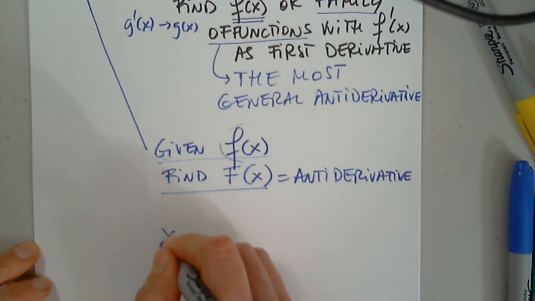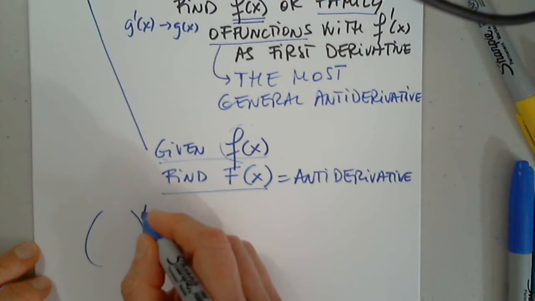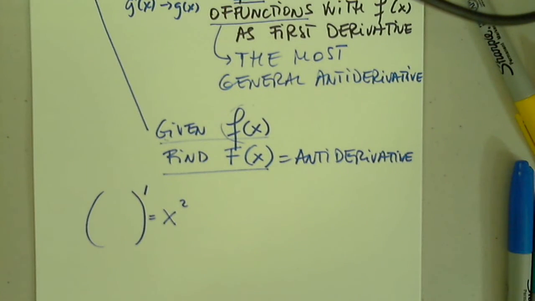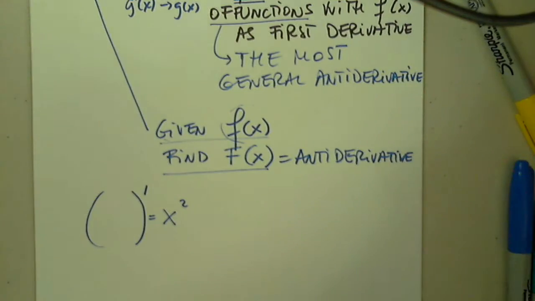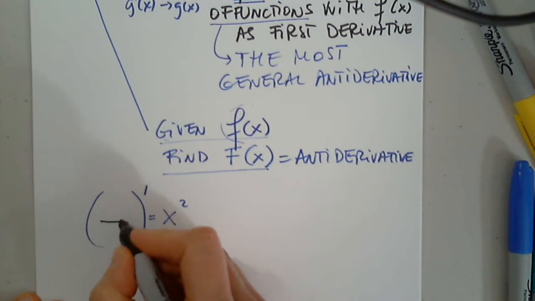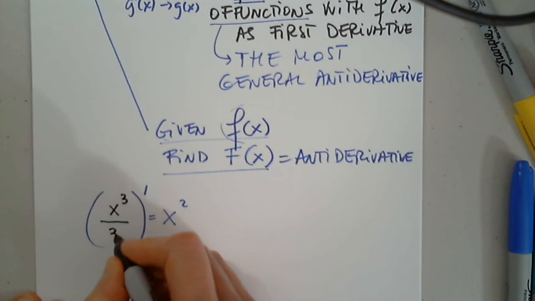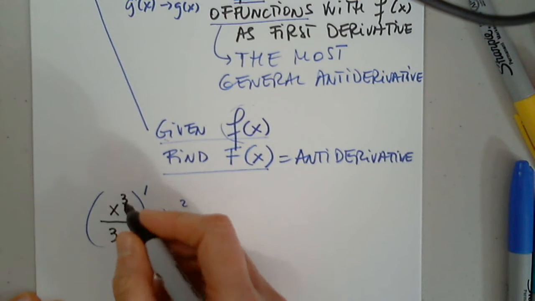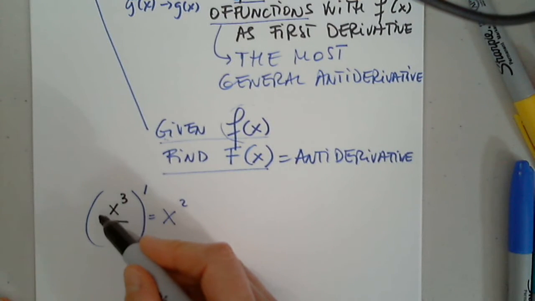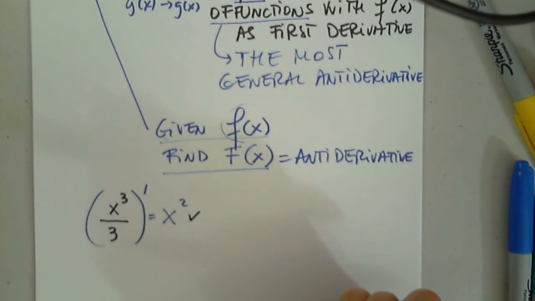If I want to determine a function whose derivative is x squared, how do I go about that? What do I have to do? Well, simply I have to increase the power of x by 1 and divide by exactly the same number. Because when I differentiate this, I bring 3 in front, I simplify the 3, and I get x squared.